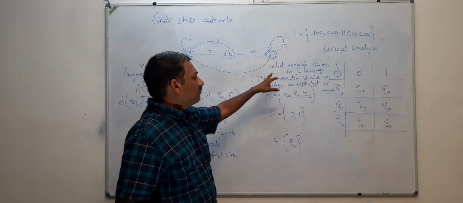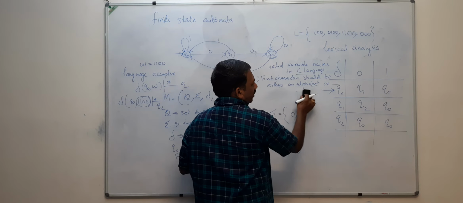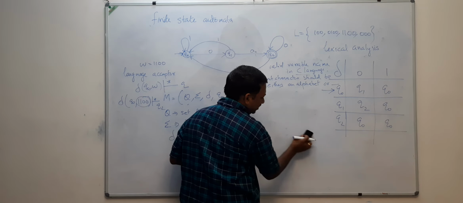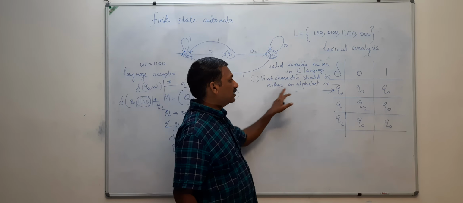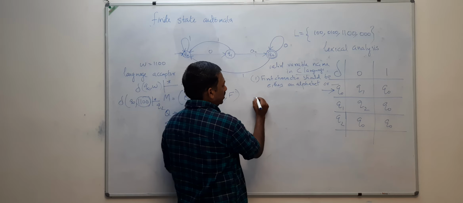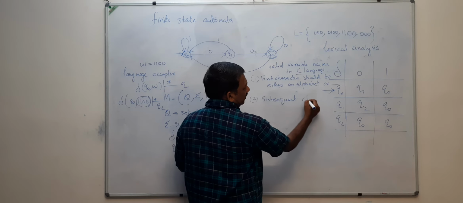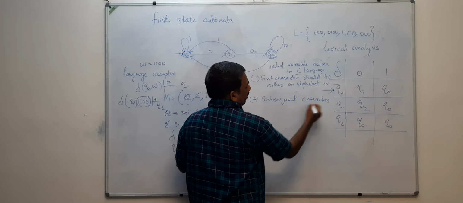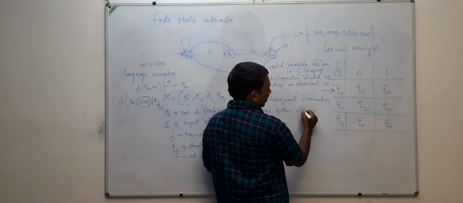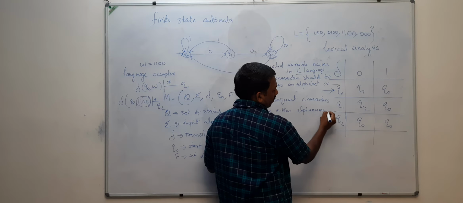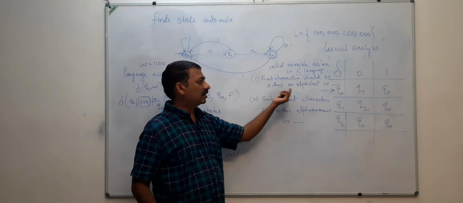That means a valid variable name in C language is one where the first character is either an alphabet or underscore, and subsequent characters are either alphanumeric or underscore.